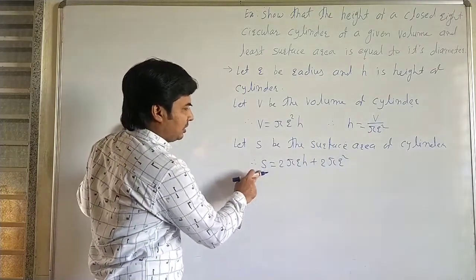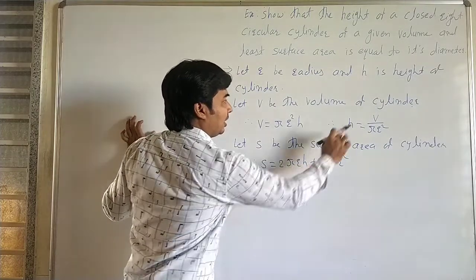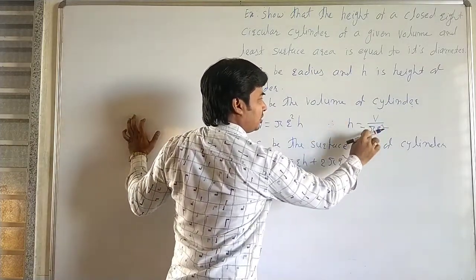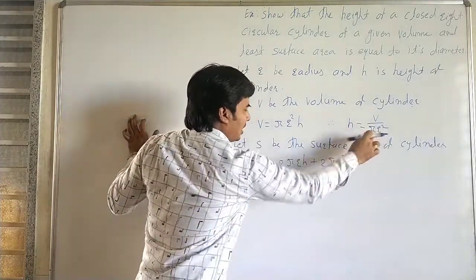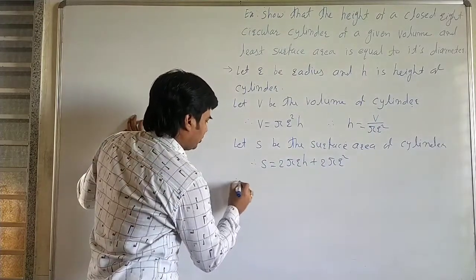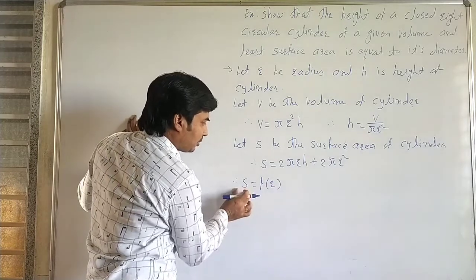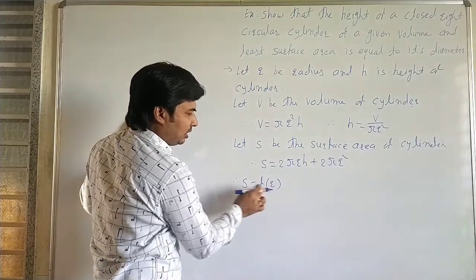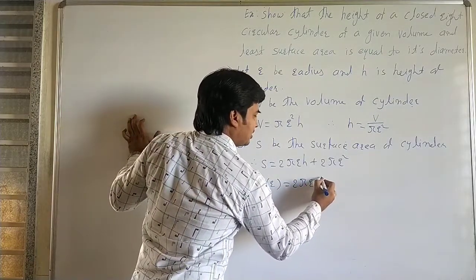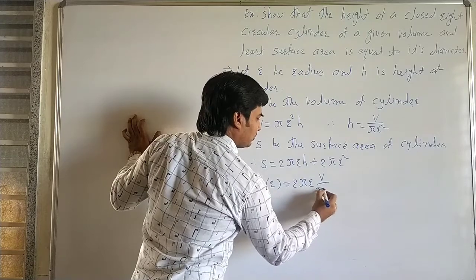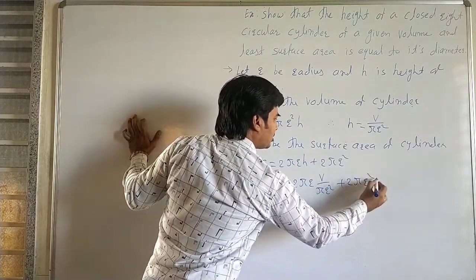Now S is a function, and the variables are h and r. Since h is equal to phi upon pi r square, where phi is a constant volume, h is in terms of r, therefore S is a function of r. So S is equal to f of r, the surface area, which is 2 pi r into phi upon pi r square plus 2 pi r square.